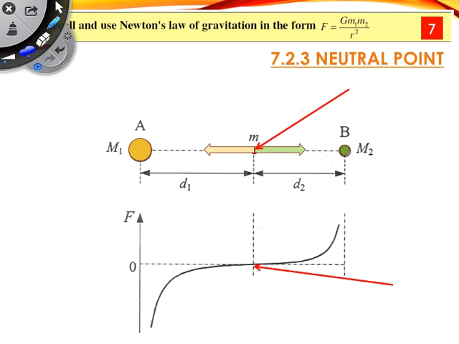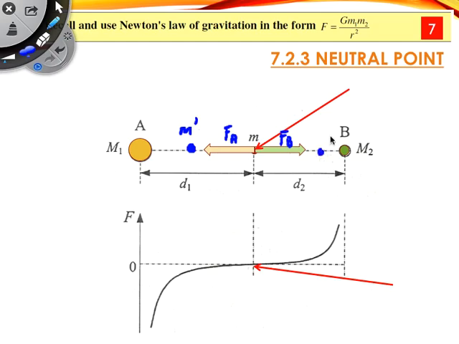If I shift small m closer towards A, let's say my m now takes this position, let's call this m prime, what do you think will happen to the forces Fa and Fb? Which one will increase, which one will decrease? Fa will increase because now it's closer to A, Fb will decrease.